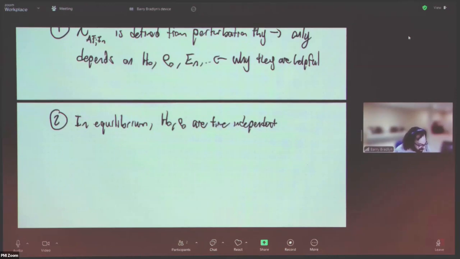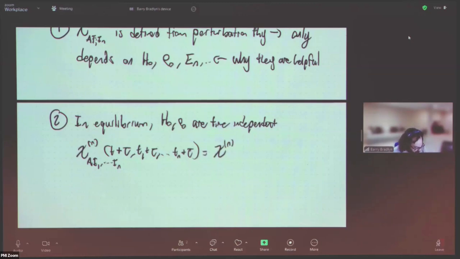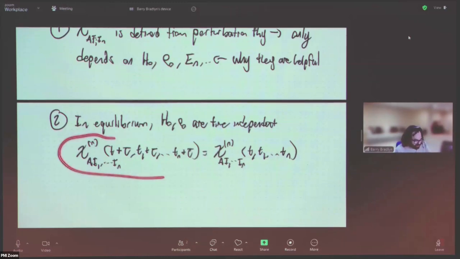That means that our response functions, if we evaluate each of the times at some shifted argument, are just equal to the original function. Which means we can repackage the time dependence of this function.